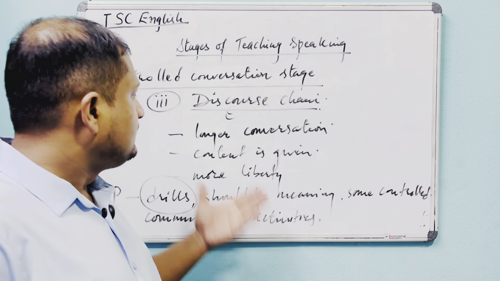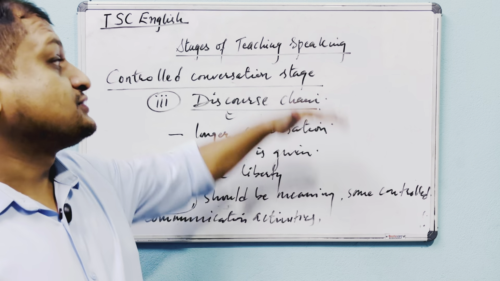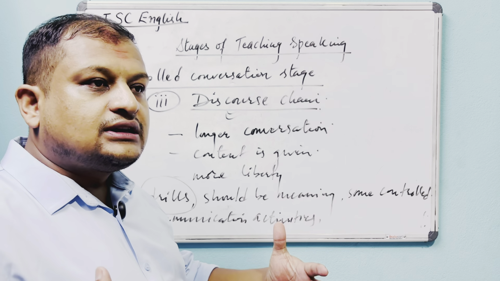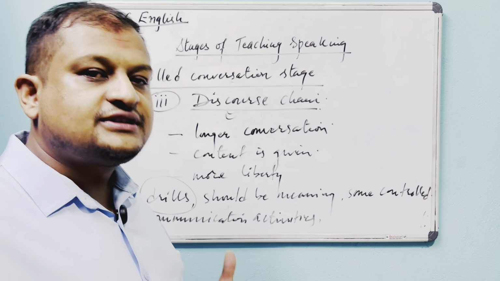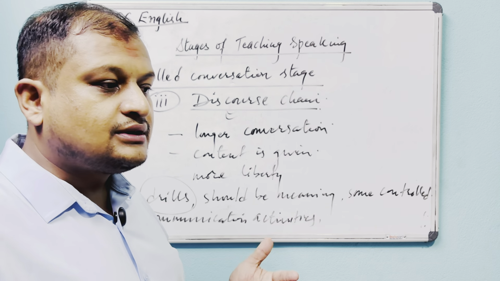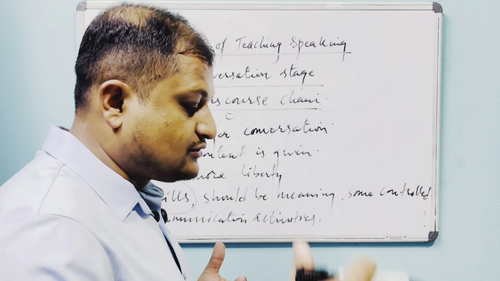And this will end the second stage of teaching speaking. By this stage, the students will have become more confident about speaking in English, and sharing ideas related to the language item they are taught.